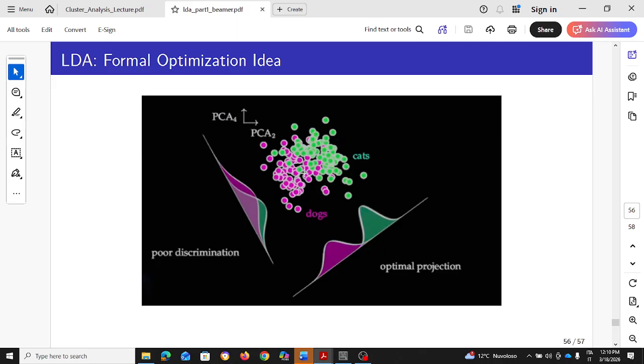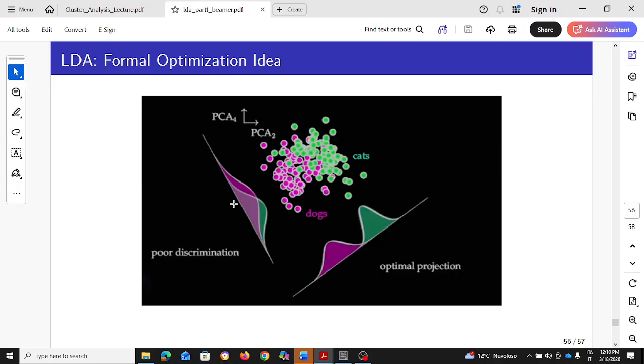So if I project this data in this direction, I have the green and the magenta, the green color and the magenta. You see, when I project it here, the two distributions, the two densities, overlap very much. Okay, so it's a very poor discrimination.